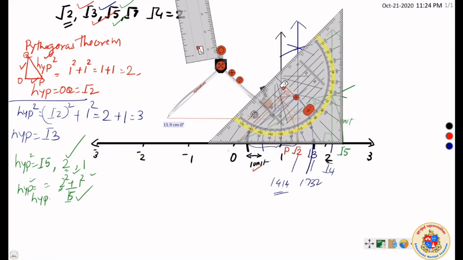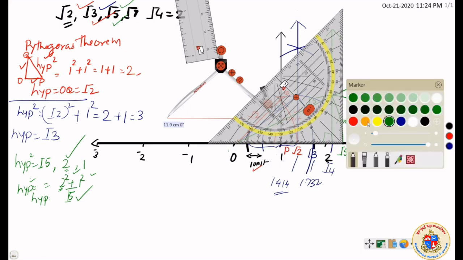The set square is an instrument having a 90-degree angle, a right-angled triangle it is. So we got one side coinciding with the number line, the other side we will be drawing the perpendicular now. The perpendicular is drawn.